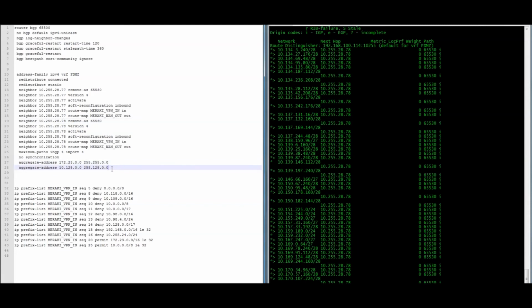Why do I have this aggregate address here? Well, we have field sites that will go online and offline, back and forth, up and down, all day long. And I don't want BGP to send an advertisement or an update every time a route is inserted or removed.